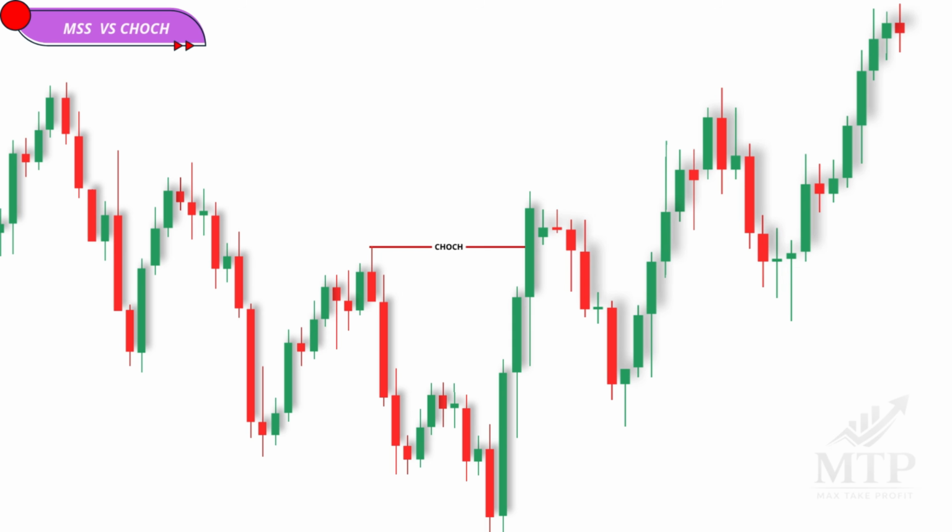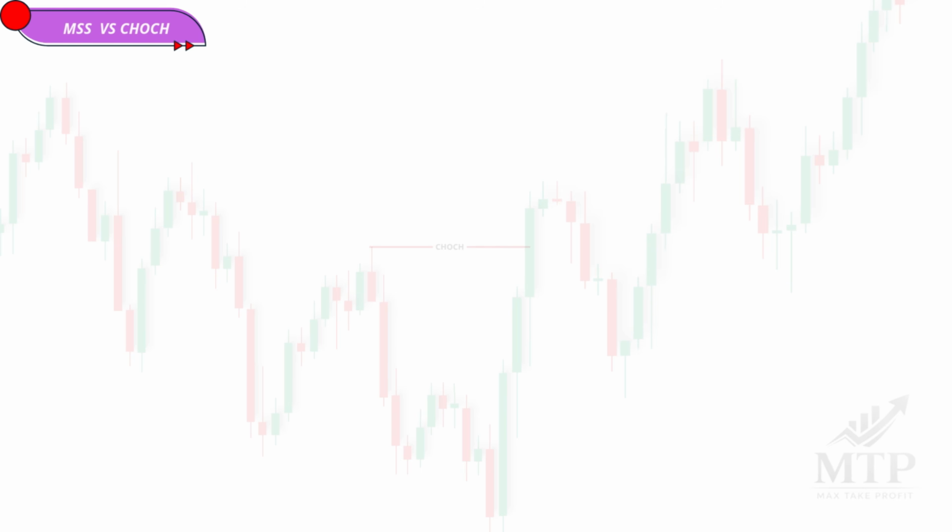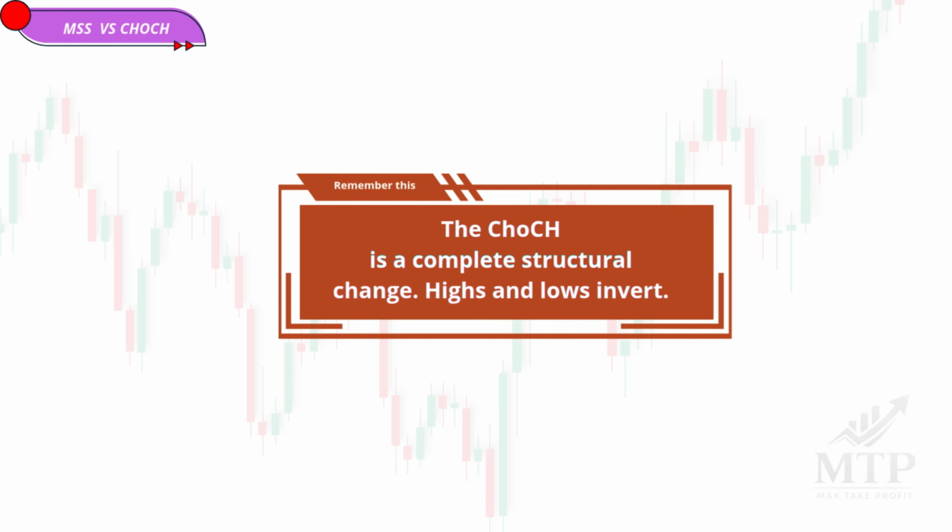It's no longer bearish. It has become bullish. This signal is the CHoCH. The CHoCH announces one thing: the end of the major trend. The market has changed direction. It's no longer a retracement. It's a reversal. Remember this. The CHoCH is a complete structural change. Highs and lows invert.